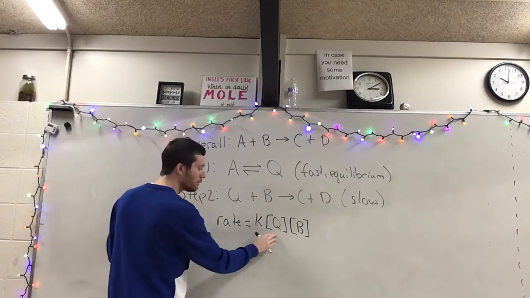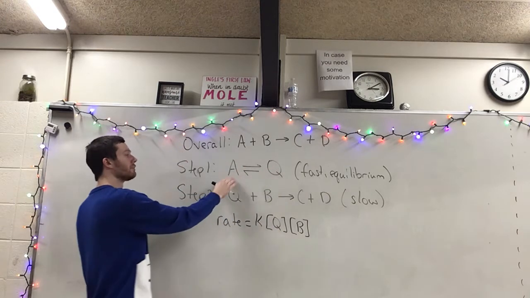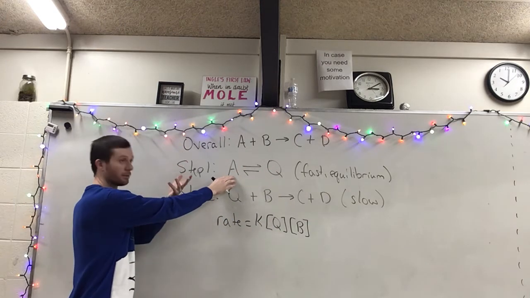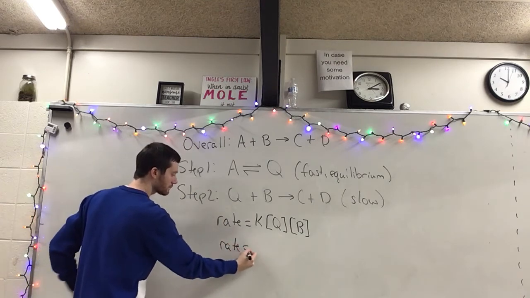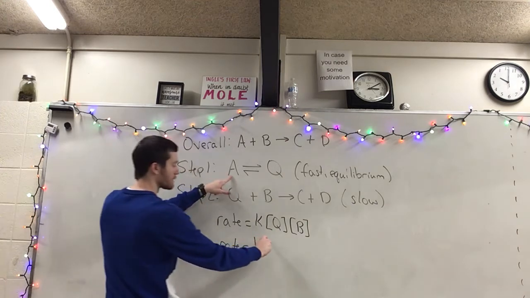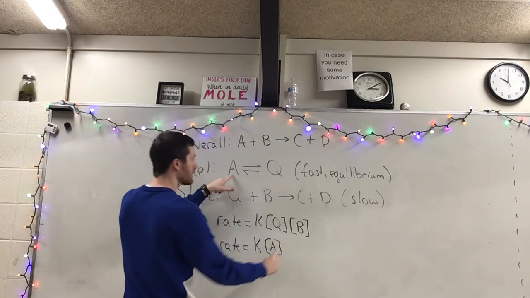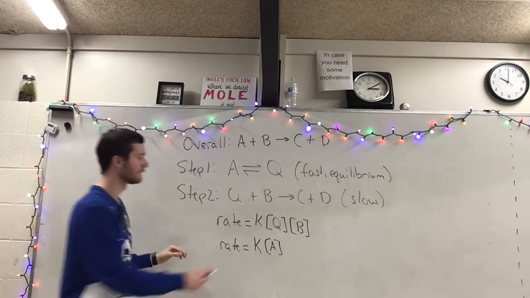So whatever Q is at equilibrium with, since it's the intermediate, has to be replaced by whatever it's at equilibrium with, which is A in this case. So this rate law would read rate equals K times the concentration of A rather than the concentration of Q, because again, Q is the intermediate, it can't appear in the rate law.